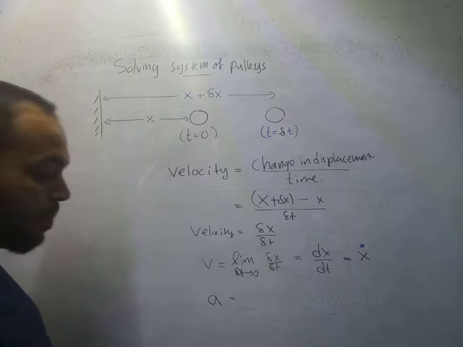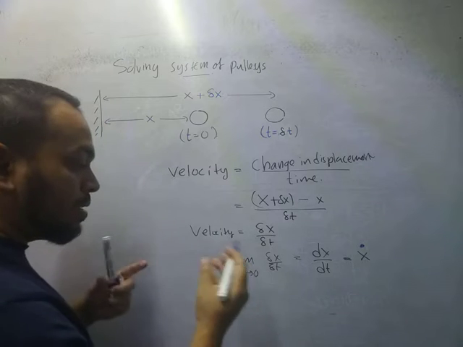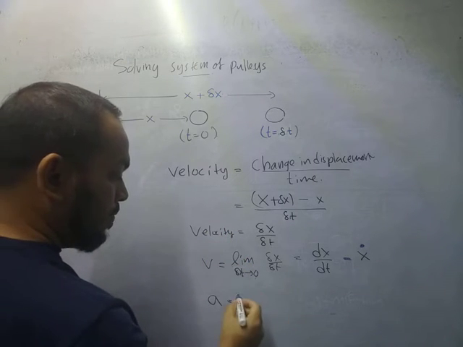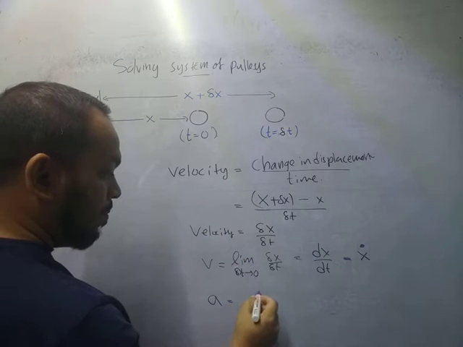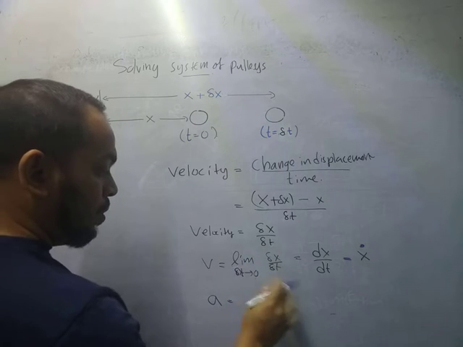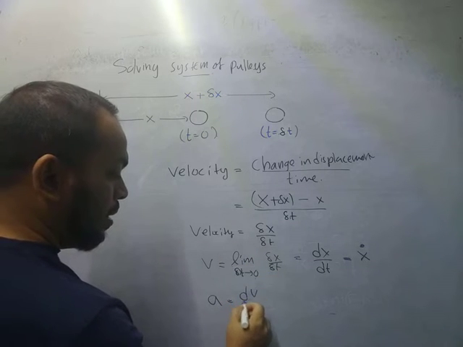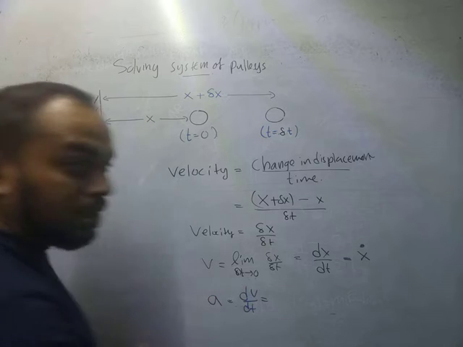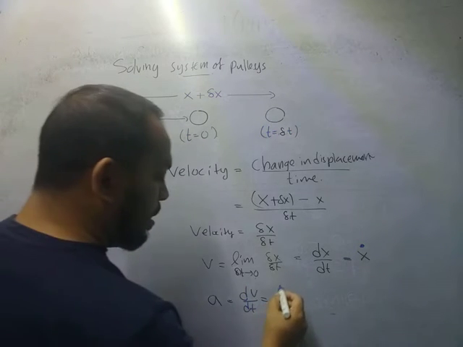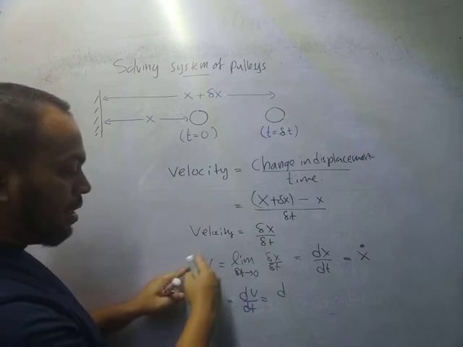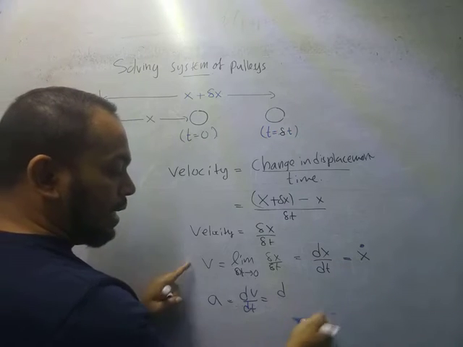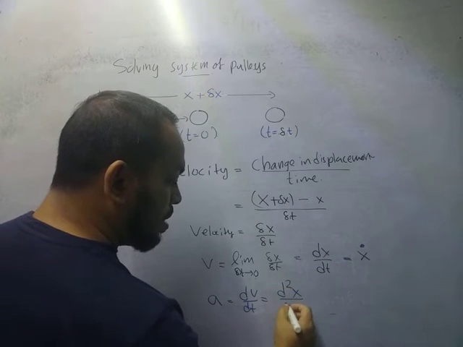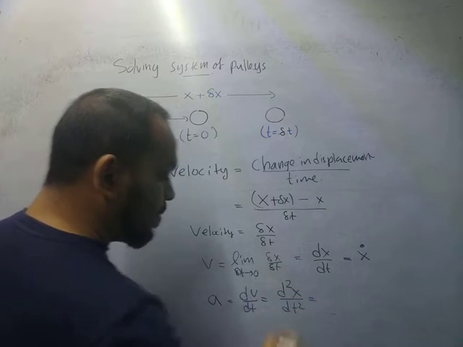Instantaneous acceleration of a particle, or the acceleration of the particle at that instant, is defined as the limit, which we don't need to use here, so dv by dt. What is dv by dt? If I differentiate this with respect to t again, I get d squared x by dt squared, right?